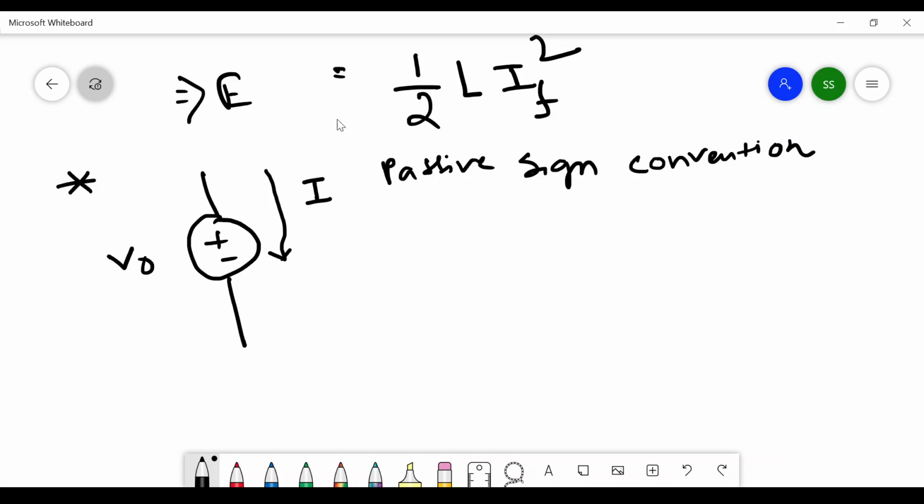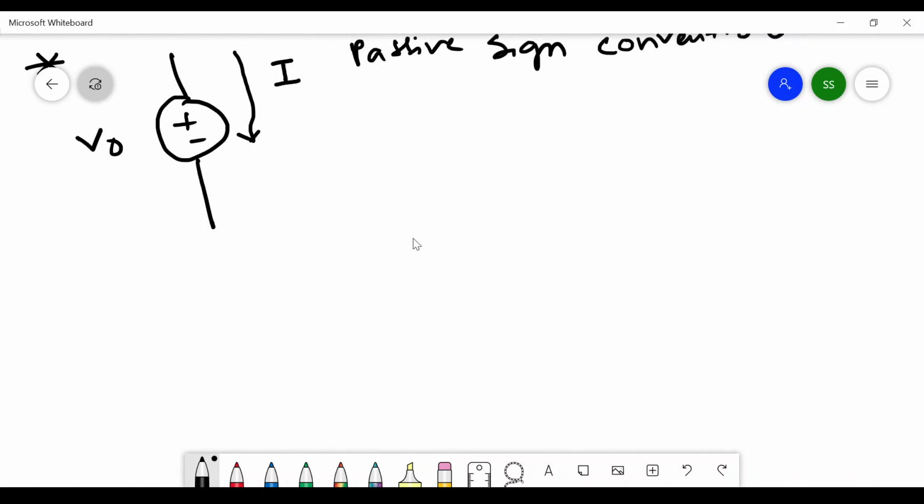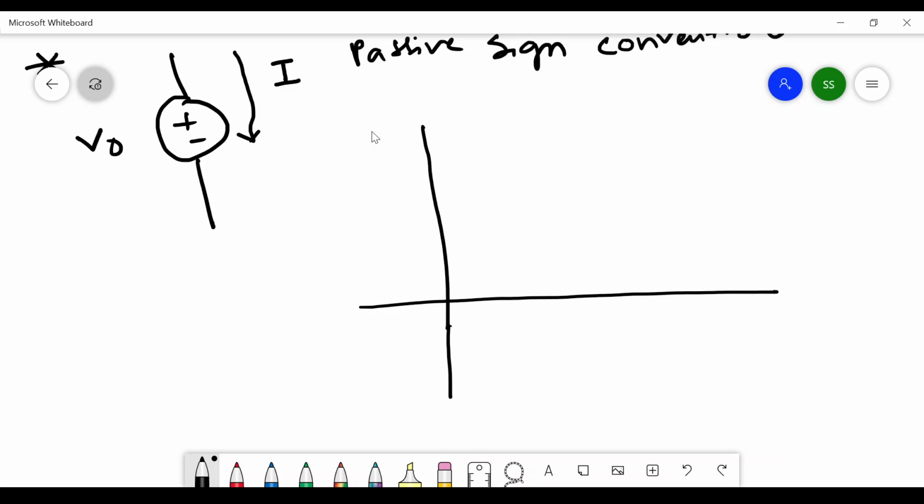Okay, now we need to draw the VI characteristics of the voltage source. The VI characteristics of the voltage source is like this.